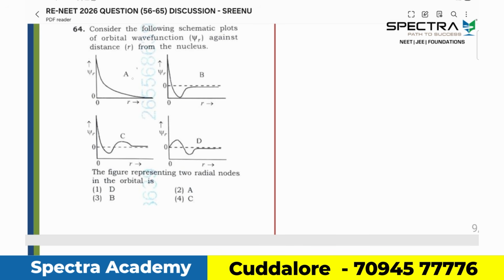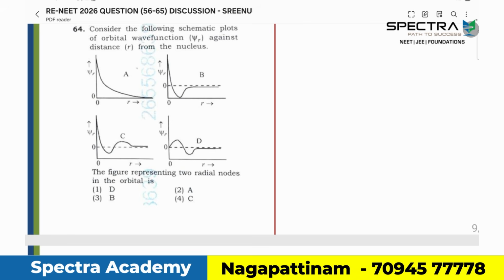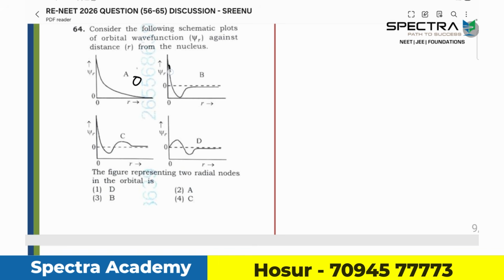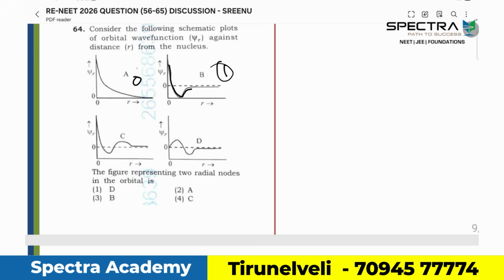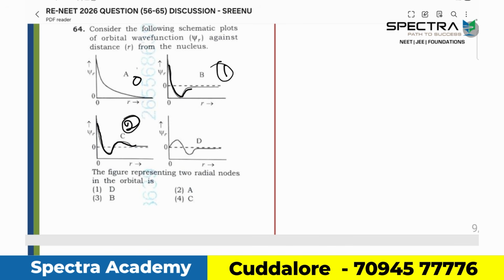You can see the first one, A1, the line is not crossing the axis, so it would have 0 radial nodes. The second one is crossing the axis only once, so one radial node is possible. Option C is crossing the axis once and twice, so it is having 2.